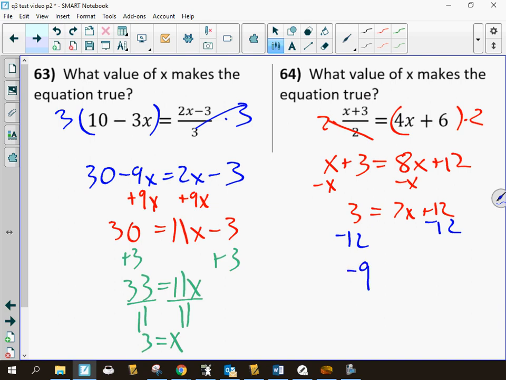And I'll get -9 equals 7x. Divide both sides by 7, and I'll get x equals -9/7. Let me just double check that real quick.